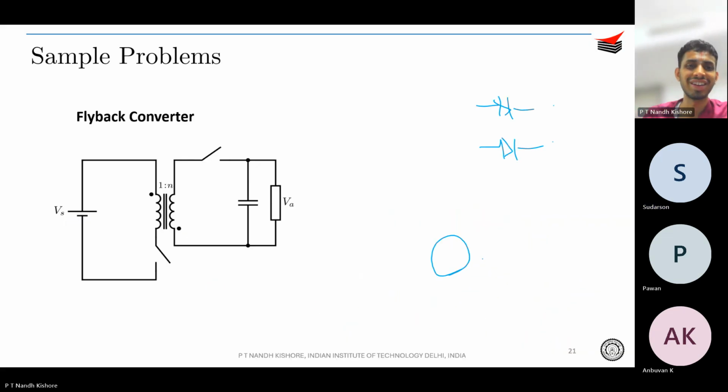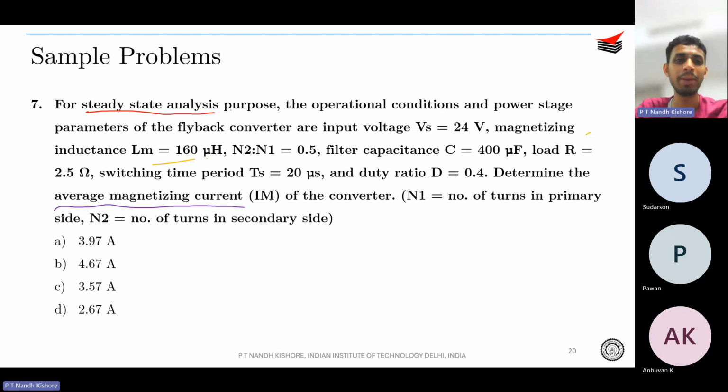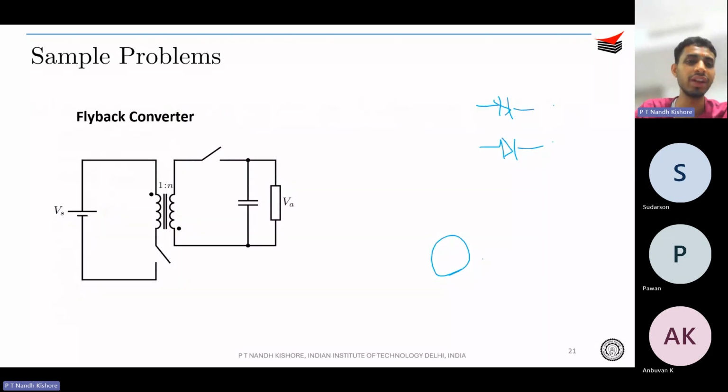Good question. This is where a lot of people have been debating, whether you call this a flyback transformer or a flyback inductor.